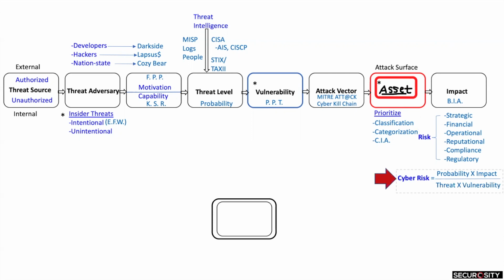Continuing with risk, every asset has potential inherent risk. This is the amount of risk that exists in the absence of any security controls. How do we address risk? There are 4 common risk treatment options: accept, avoid, mitigate, and transfer.